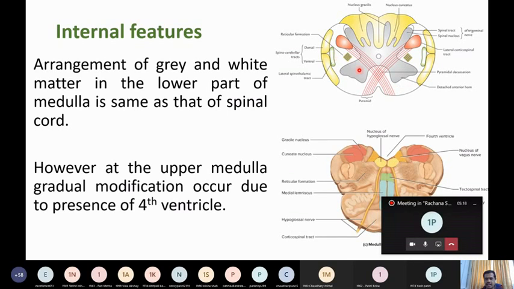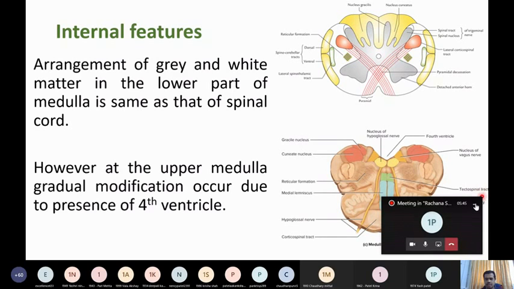Central gray matter has anterior gray column, posterior gray column, and the lateral gray column at some region, and there is a gray commissure. Then in white matter we saw anterior white column or anterior funiculus, lateral funiculus, and posterior funiculus. The similar structure we can find in the lower part of the medulla oblongata.